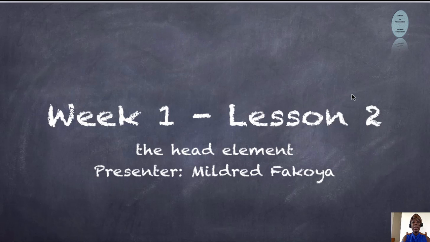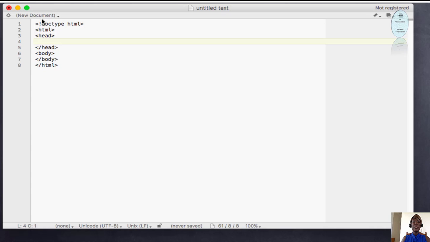Now, recall in the last lesson, we discussed the basic structure of an HTML5 document, and we said that we have two parts of the document. We have the head part and the body part. Now, the head part consists of metadata.